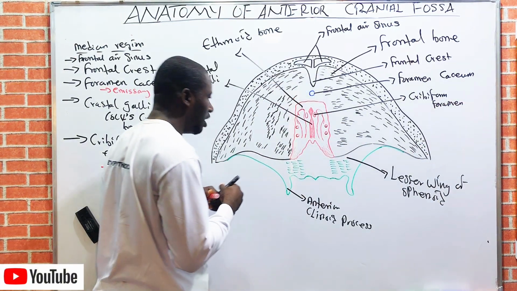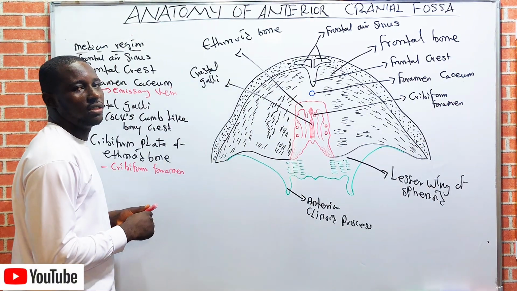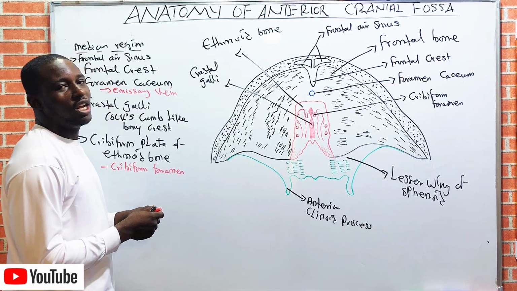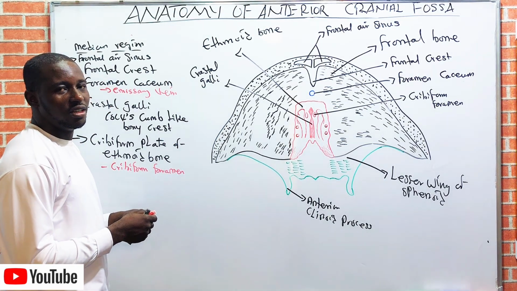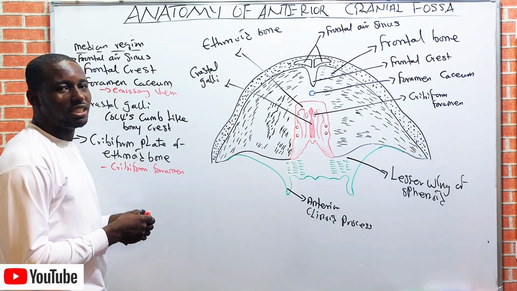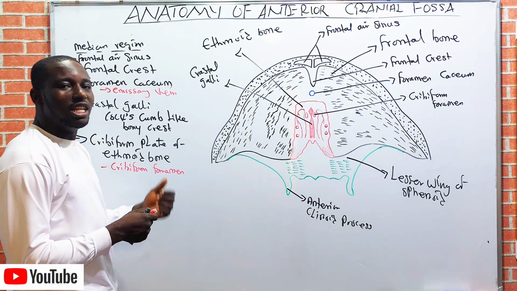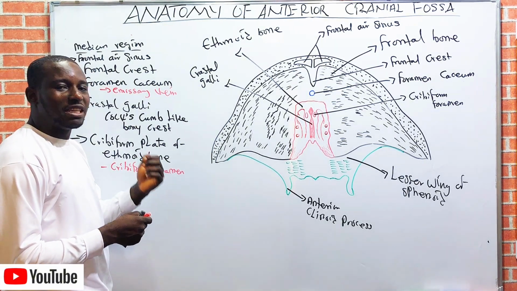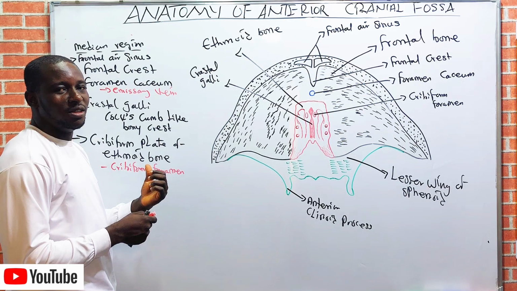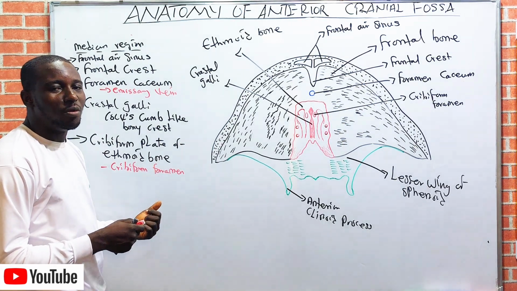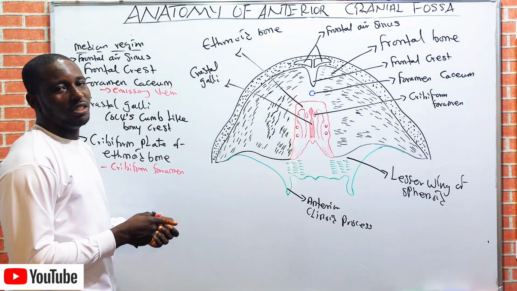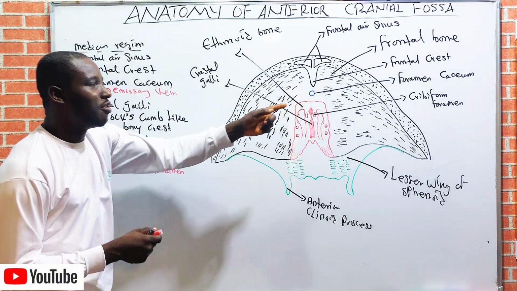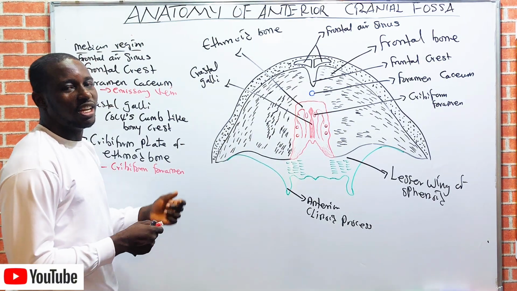The cribriform foramen transmits the olfactory nerve. It transmits the what? Olfactory nerve, because the olfactory nerve leaves the olfactory epithelium in the nasal cavity to communicate with the olfactory bulb in the cranial cavity by passing through the cribriform foramen or the nasal slit.